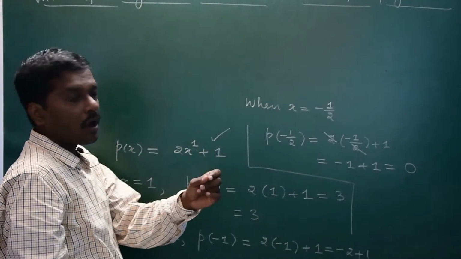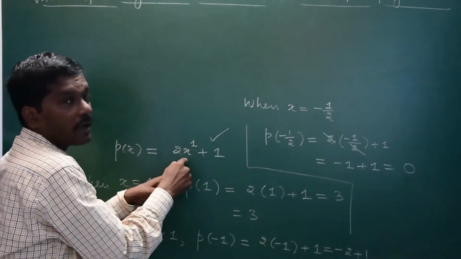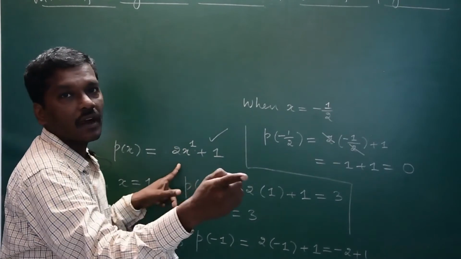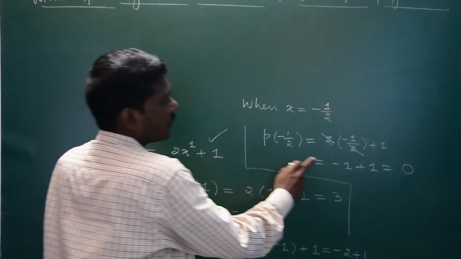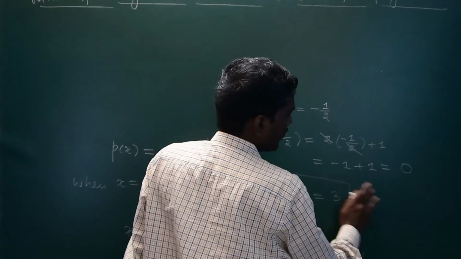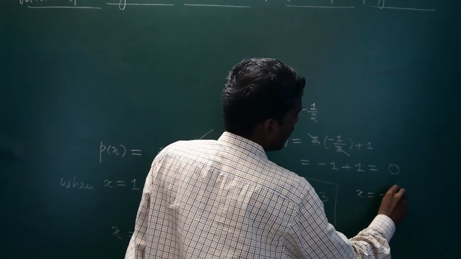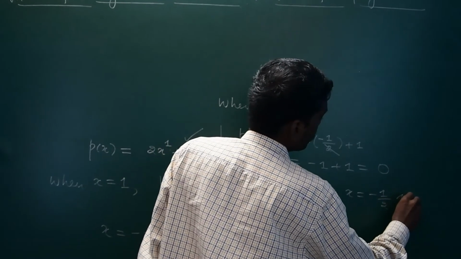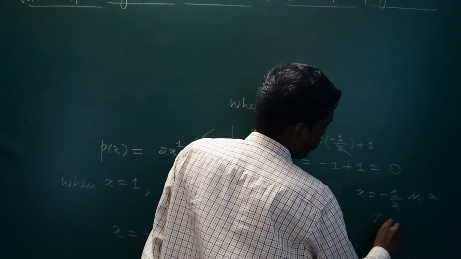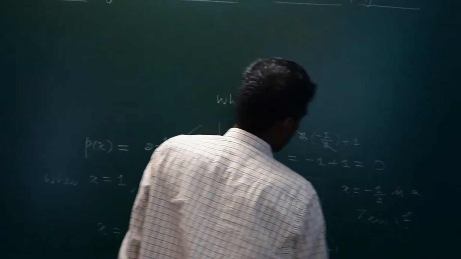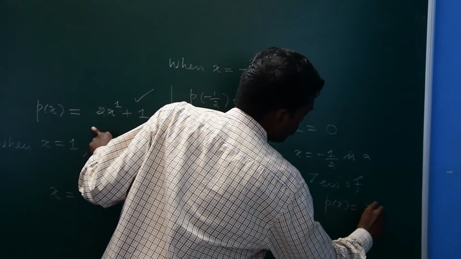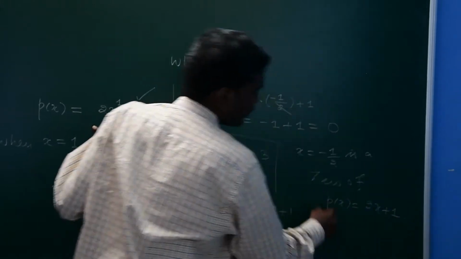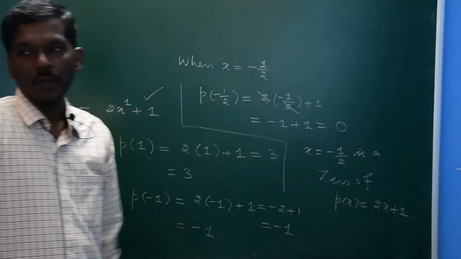So the value of x for which this polynomial is 0 is what is called the zero of the polynomial. So in this case, x is equal to minus half is a zero of the polynomial p of x is equal to 2x plus 1. So it's a zero of 2x plus 1.